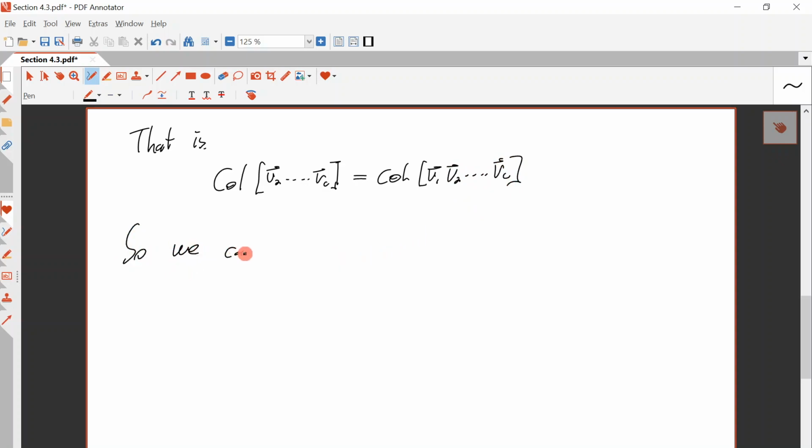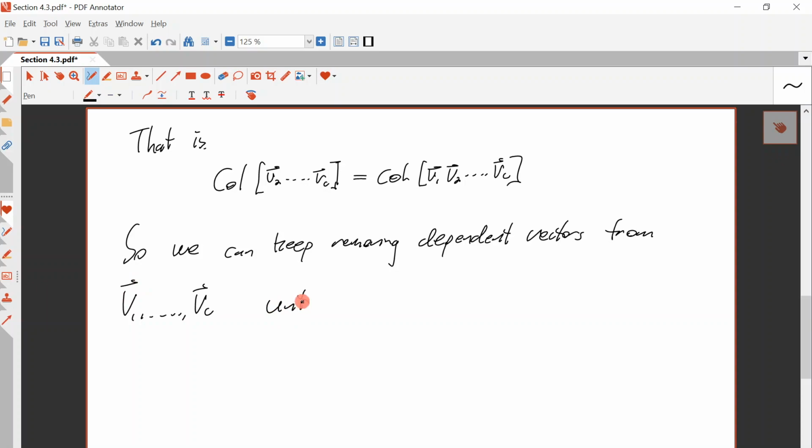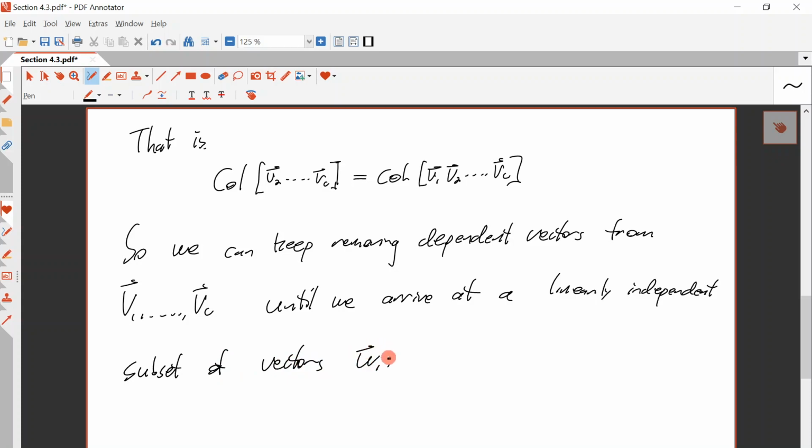So we can keep removing dependent vectors from v1 to vc until we arrive at a linearly independent subset of vectors w1 through wd with the same span.